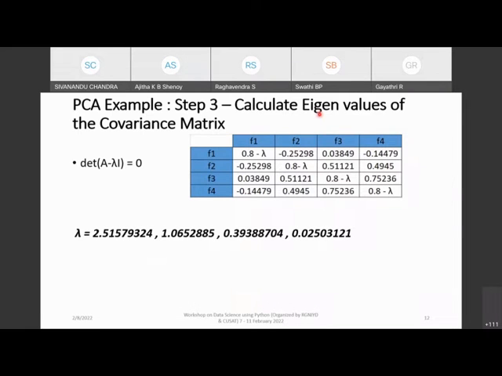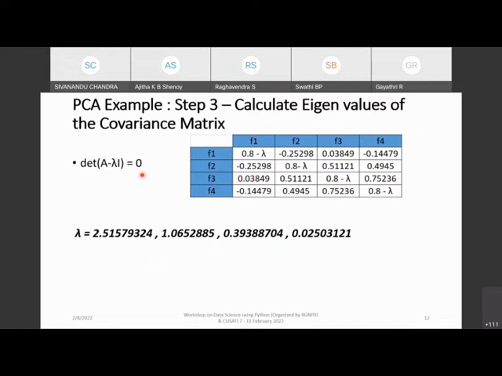Now next you want to calculate the eigenvalues of the covariance matrix, and as you have studied in your mathematics course, to find the eigenvalues of a matrix, you have to consider the characteristic polynomial, which is given by determinant of A minus lambda equal to 0, where A is the covariance matrix.